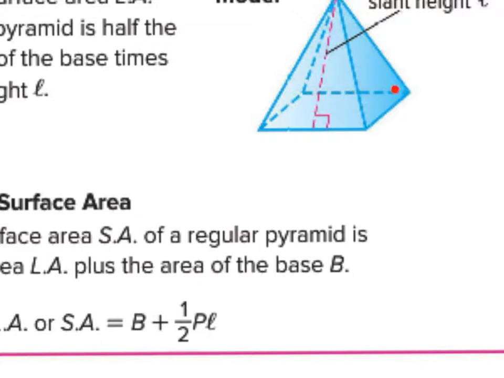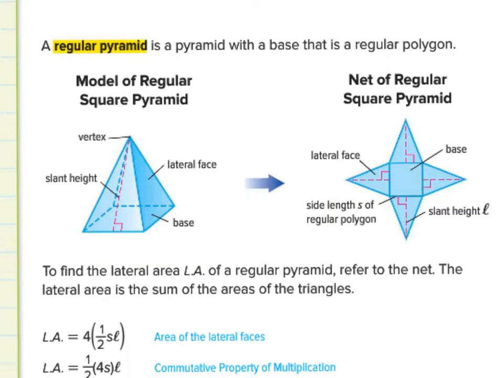So you could figure out the entire perimeter, fill that in there, and then multiply by half and you get half of it, correct? And then you multiply it times the slant height, and that'll give you the sum of all 4 lateral faces.